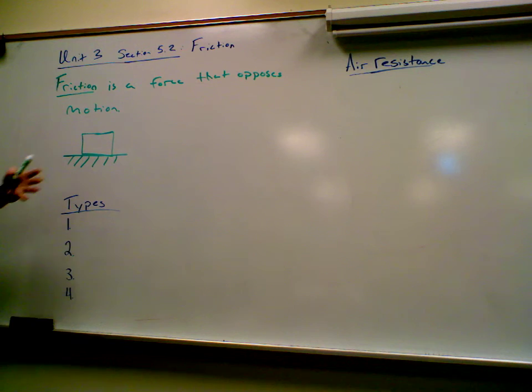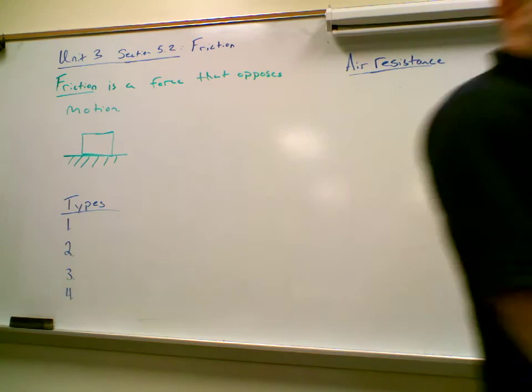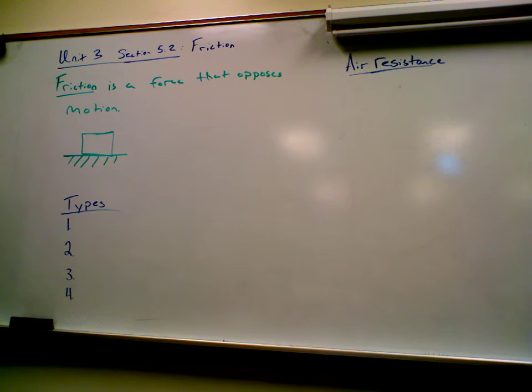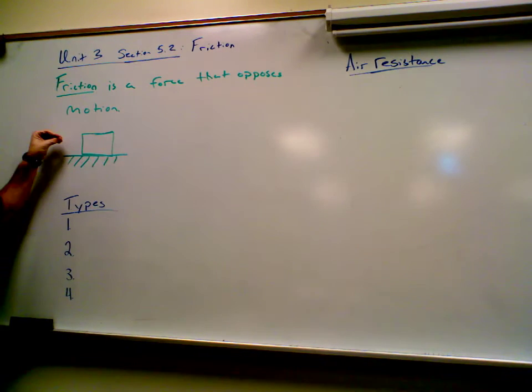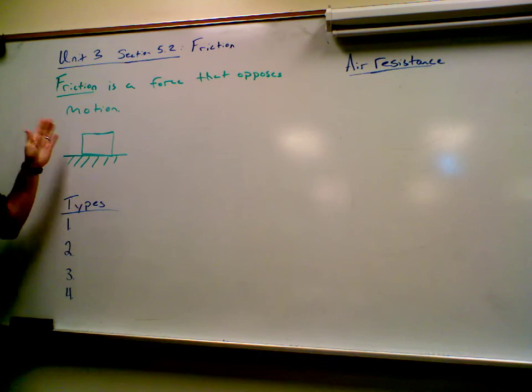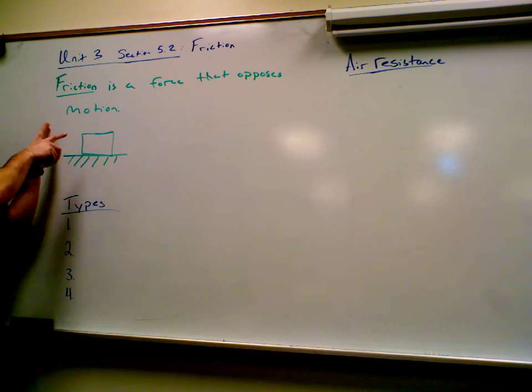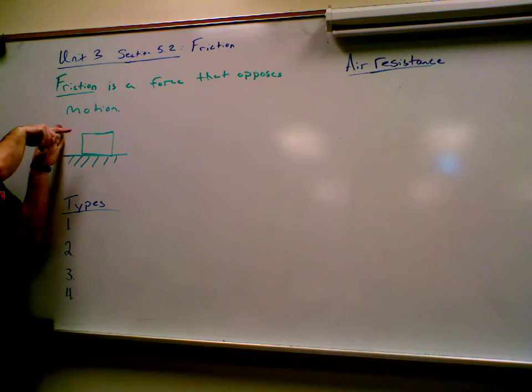All right. So let's say I have an object. We'll have it be like my projector remote. If I slide my projector remote across the table, it moves with a certain velocity, right? What's happening to the velocity the whole time it's moving across the table? It's decreasing. It's slowing down, right? If I push on my remote this way, for the moment my hand's on the remote, it feels a force which causes it to accelerate in that direction.